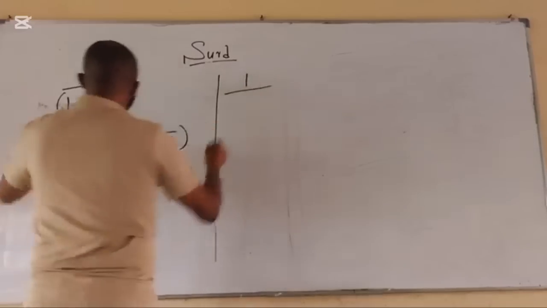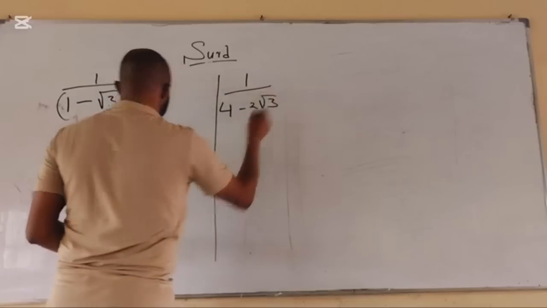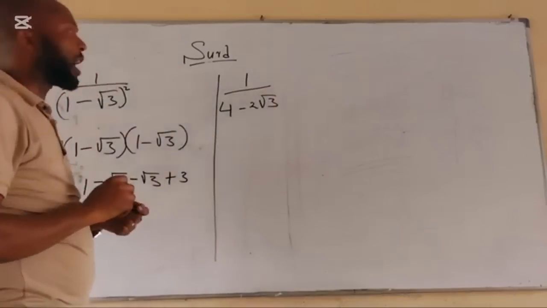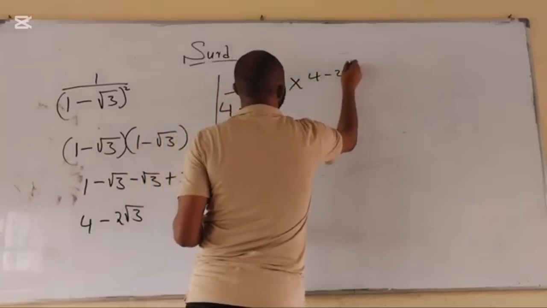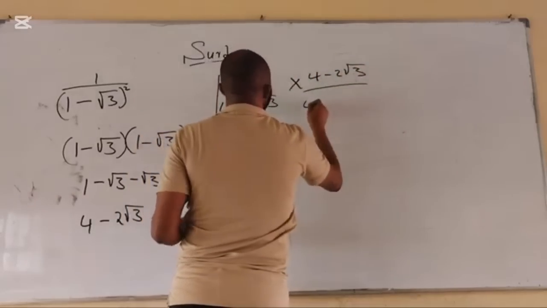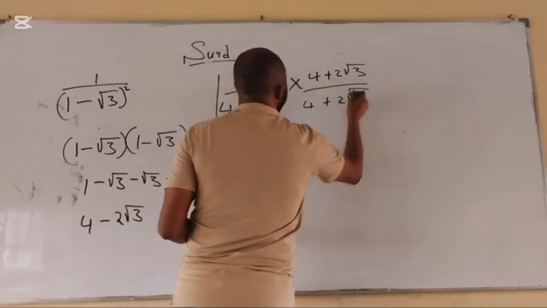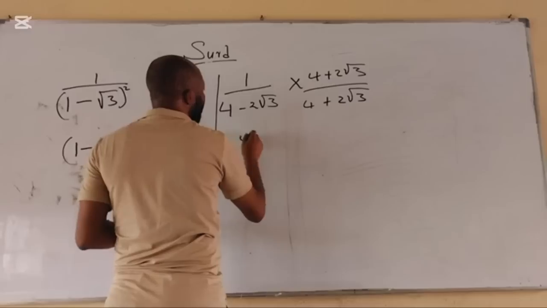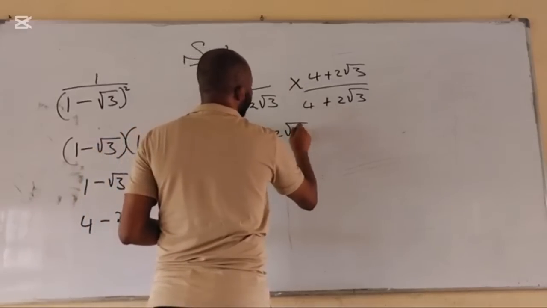I'm bringing it back: 1 over 4 minus 2 root 3. I have to simplify by multiplying with the conjugate. So this is times 4 minus 2 root 3 over 4 plus 2 root 3. 1 times 4 is 4. Plus 1 times 2 root 3 is the same.